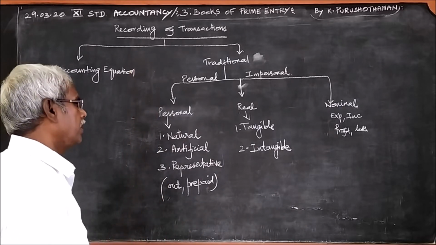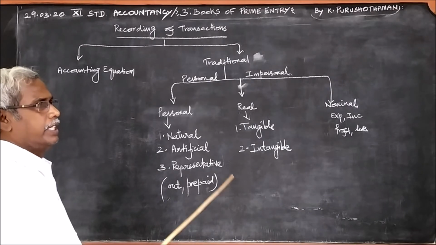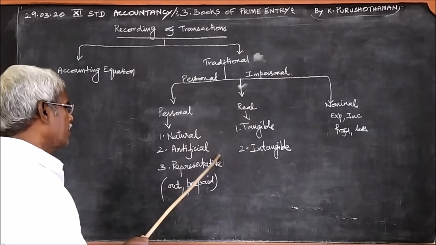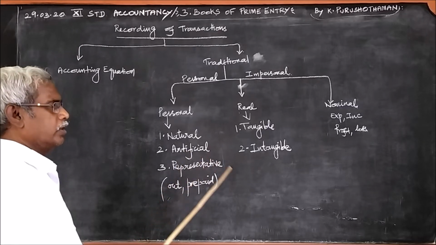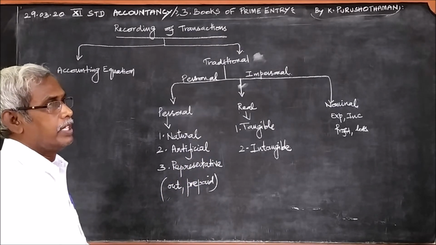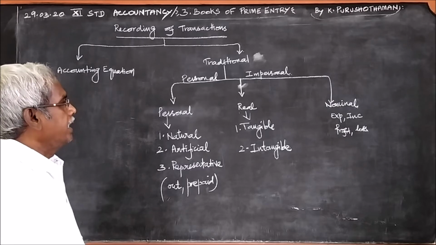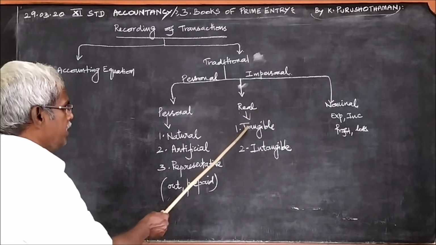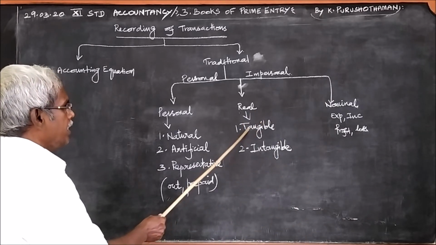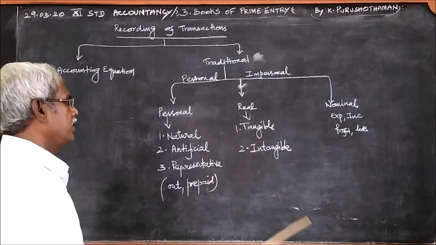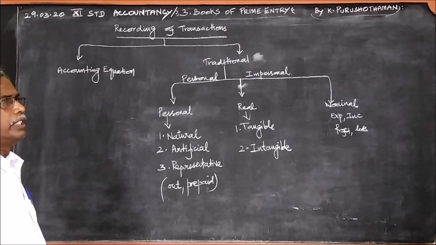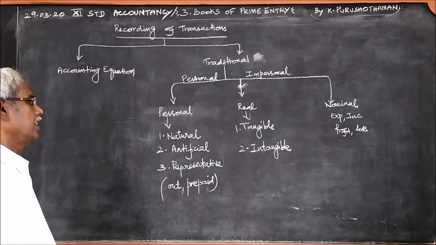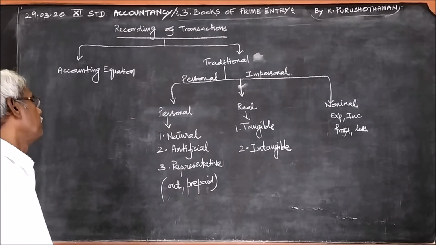There are three types of personal accounts: natural personal accounts, artificial personal accounts, and representative personal accounts. Under real accounts, there are tangible real accounts and intangible real accounts. Under nominal accounts, there is no more subdivision.